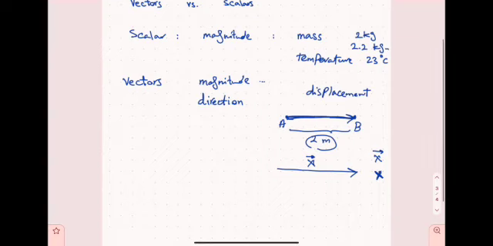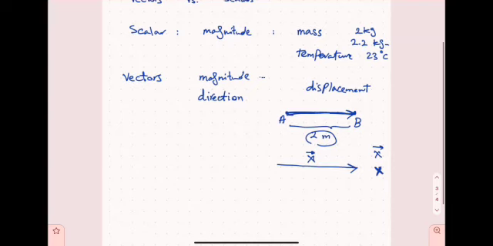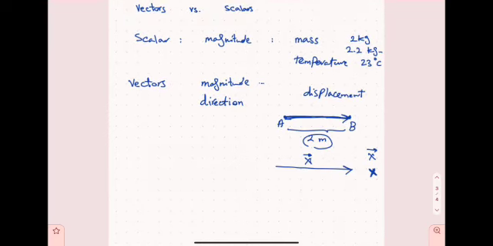Here I actually like to use this little arrow. I find it cute. Okay, so we use this vector X to show the displacement, and then the magnitude of X, which we show like this, is 2, because it is 2 meters from A to B.